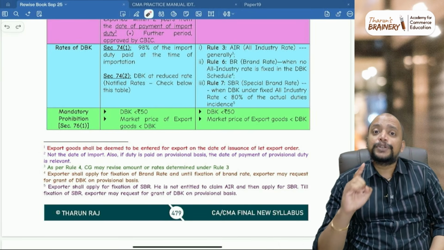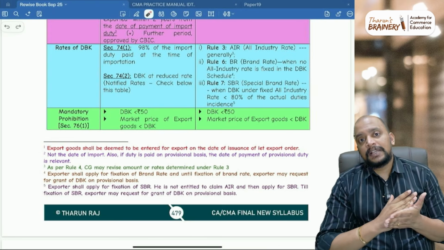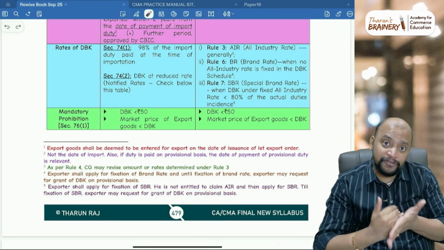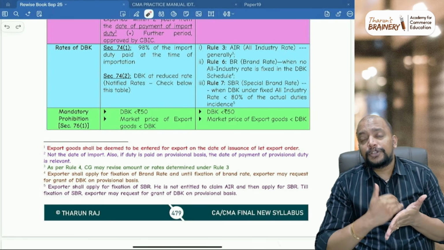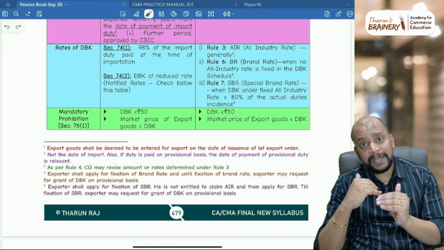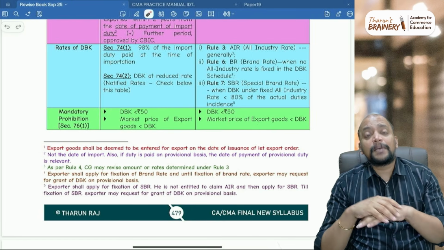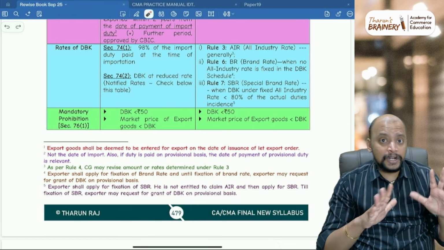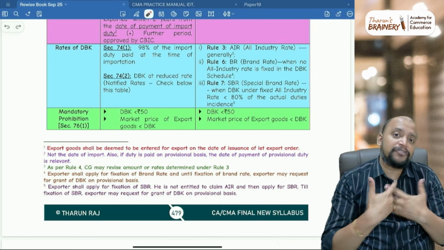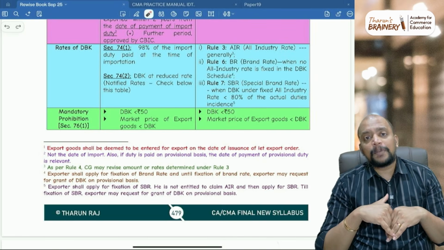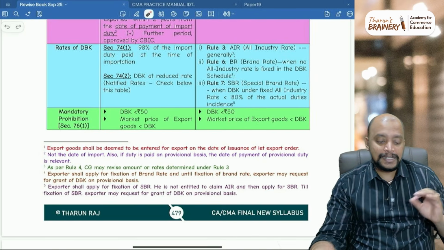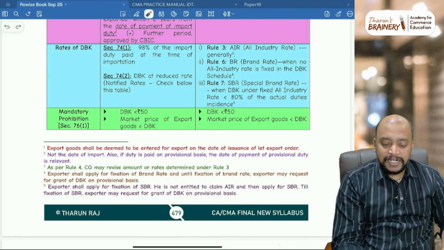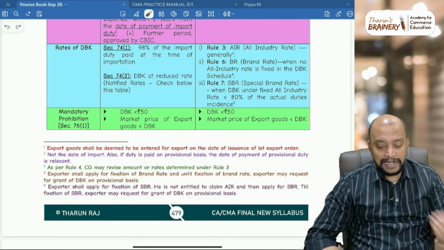But remember, you need to do that homework before. Means you need to do the calculation before, and if you know that you're going to get a lesser amount of duty drawback if you go for all industry rate, then apply for special brand rate. It's not like first you will apply for all industry rate, thereafter you will apply for special brand rate. Not possible. Say this: exporter shall apply for fixation of special brand rate.